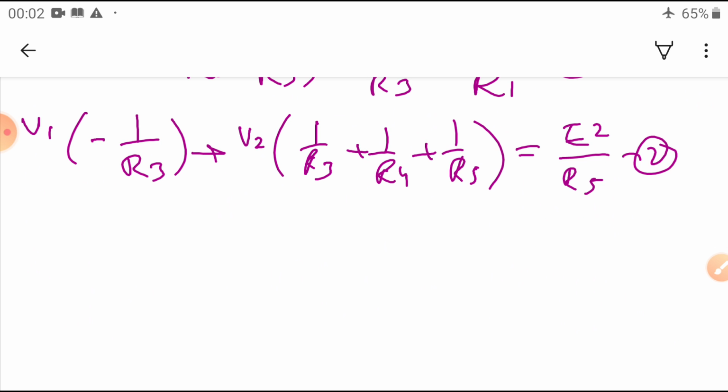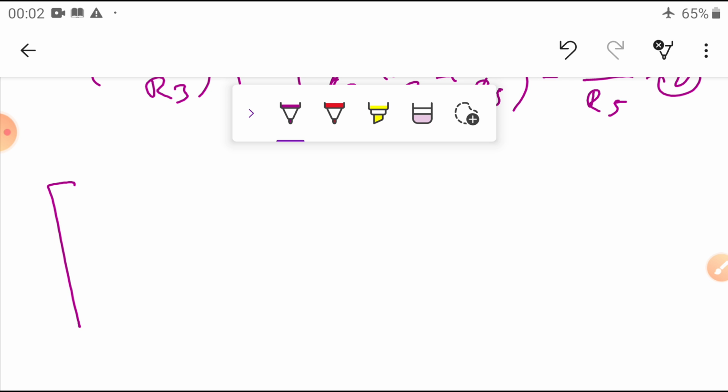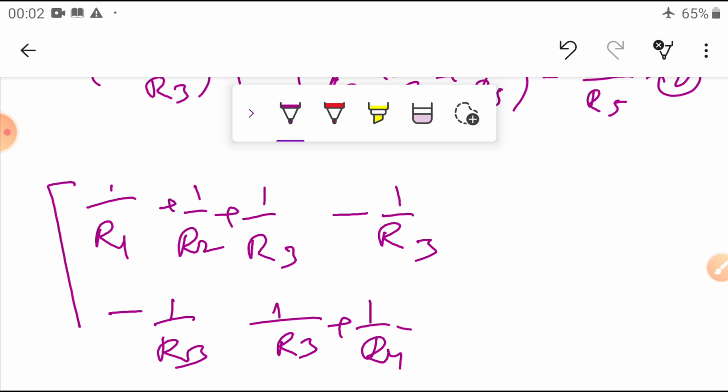So, what is the matrix form? Write the matrix form. The first term is 1/R1 + 1/R2 + 1/R3, then minus 1/R3, which is a common term. Here, the same 1/R3, and next 1/R3 + 1/R4 + 1/R5, the second term closed.